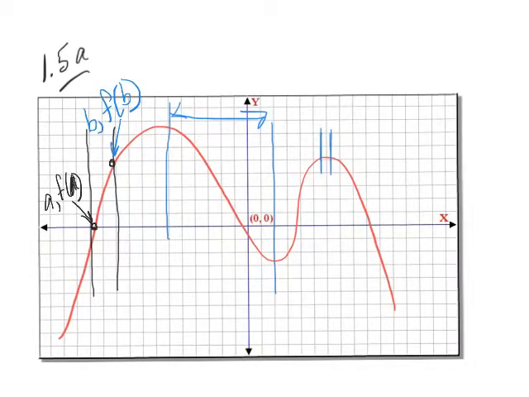What it's saying is that as long as a is less than b, which in this case it is, this one here is further to the left from the origin than the b value is, because the b value is to here.